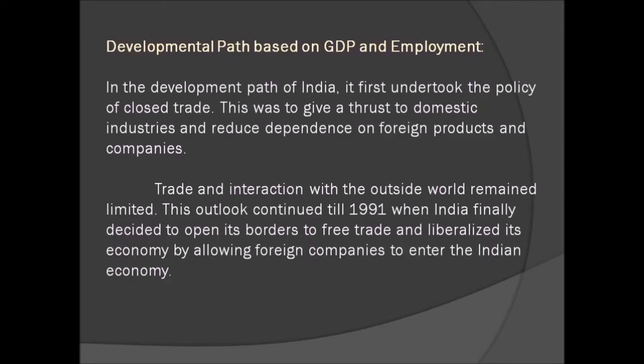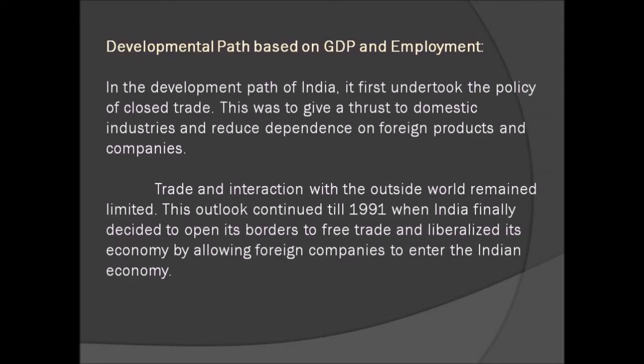So this is how the foreign companies started to invest in India and start their businesses. So therefore people started to get jobs and their living standard started to rise.